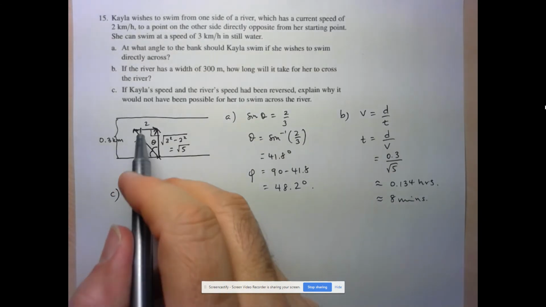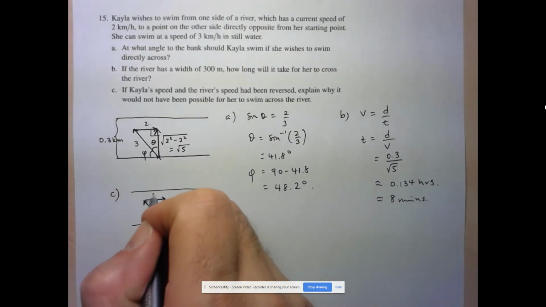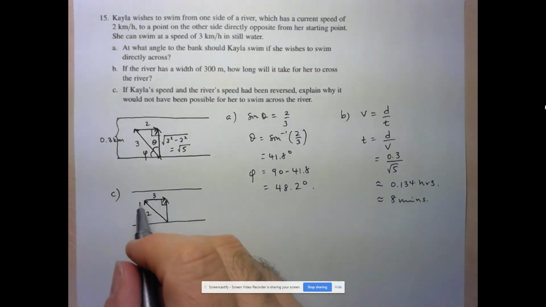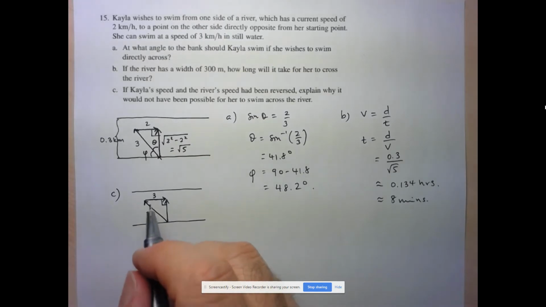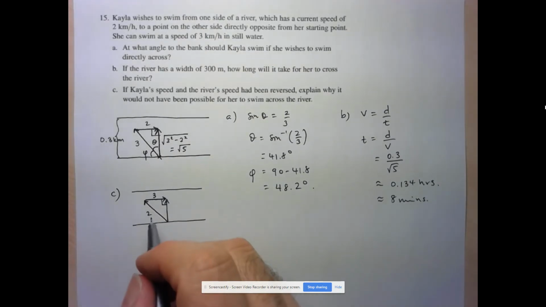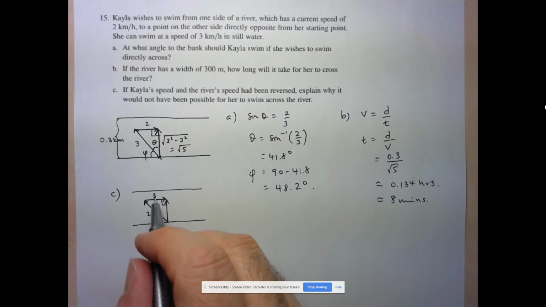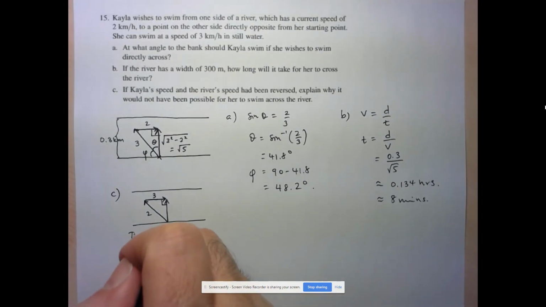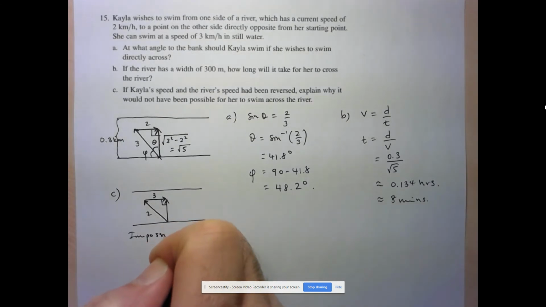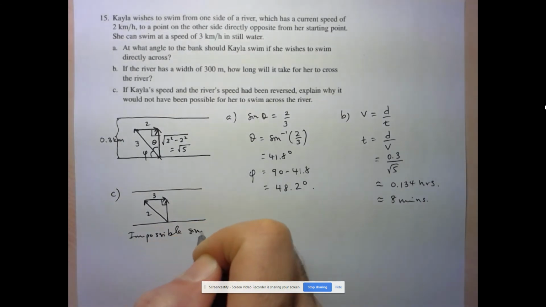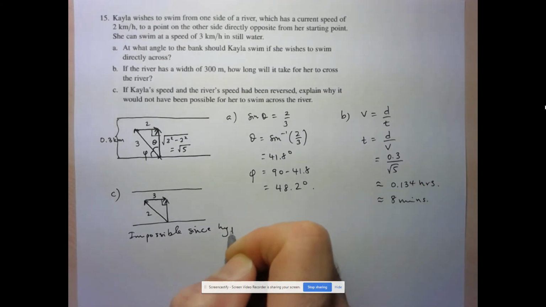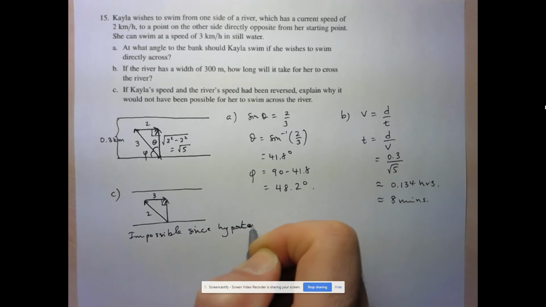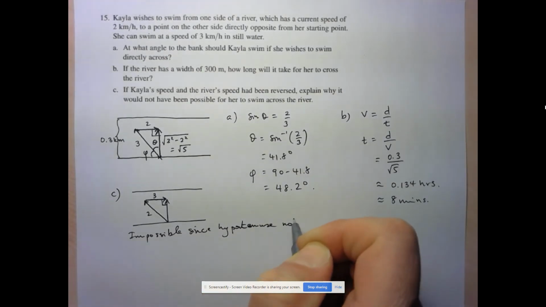If we switched these numbers and made this 2 and 3, we can see that that's just going to be impossible, because this has to form a right angle triangle based on the information given. Yet we've got a non-hypotenuse side which is longer than the hypotenuse here. So I guess we can say impossible, since the hypotenuse is not the longest side.